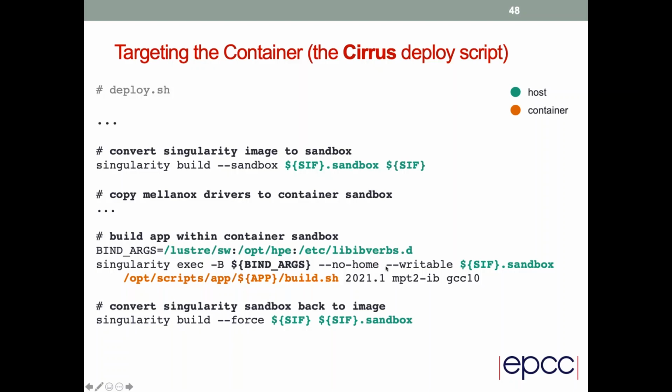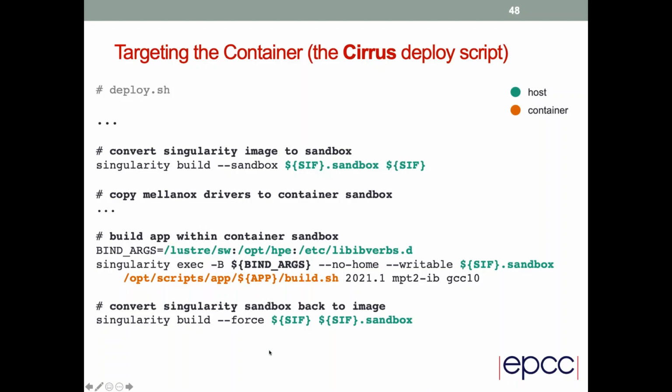I needed to do that because on Cirrus, the home folders exist within the Lustre folder. And because I was binding to other things within the Lustre folder, such as this SW folder, that caused a conflict. So I needed to prevent the binding of the home folder. And then I found that I could build the application within the sandbox.